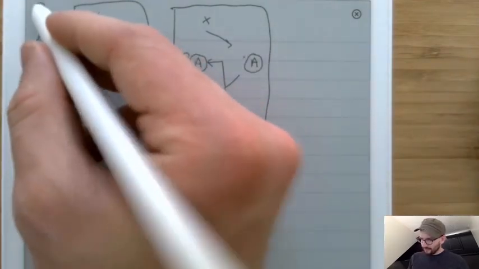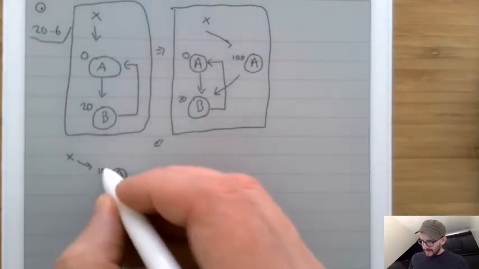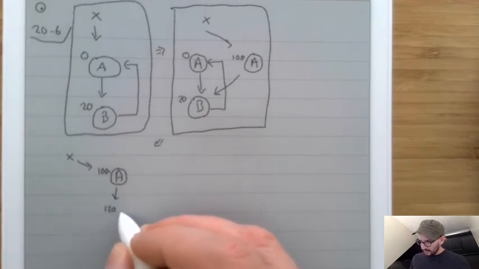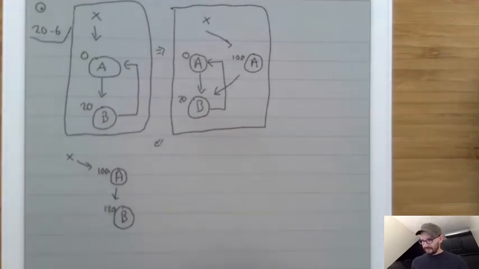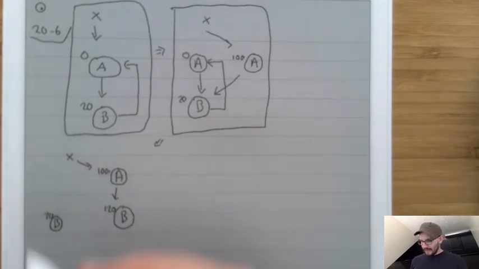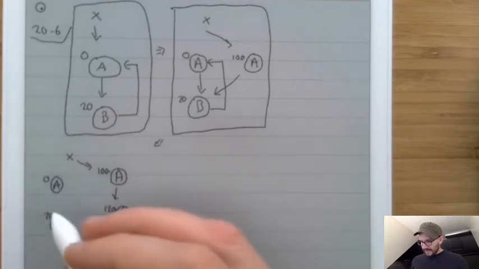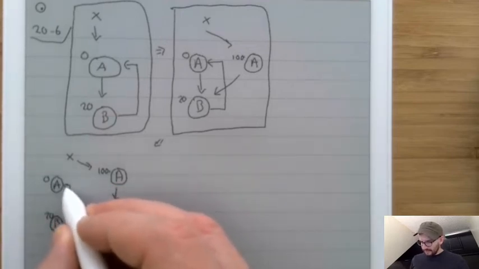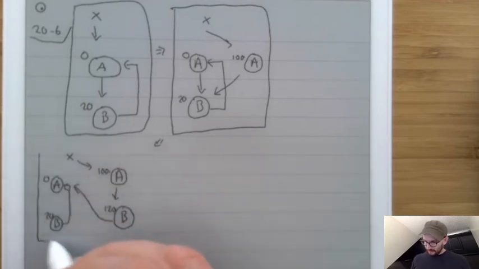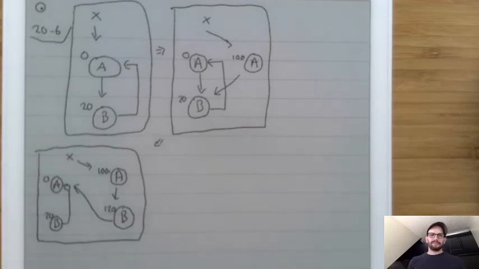So it's pointing at 100. Now A is going to point to 120, which is a copy of B. But the 20B is still there, and the 0A is still there too. And this one is pointing to there, and this one is also pointing there. So that's the next step.